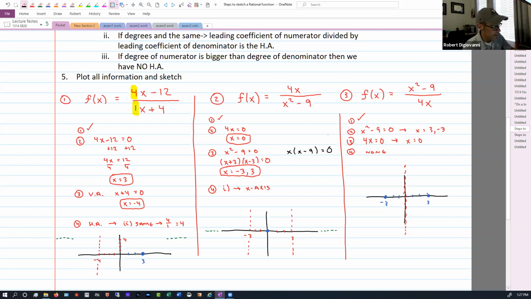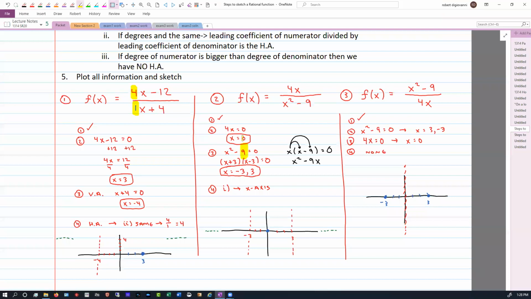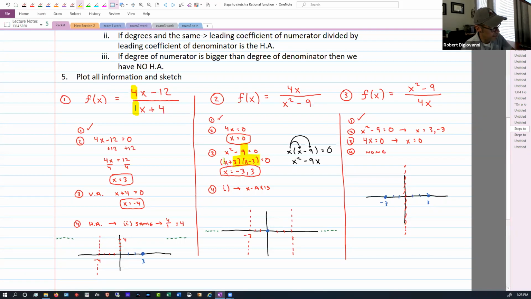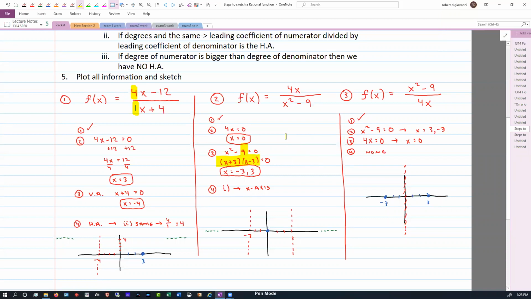If you distribute that through, x times x is x squared, and x times negative 9 is negative 9x. So you factored an x out and there wasn't an x to factor out of the 9. You have to recognize that as a difference of squares, and that's where it factors out like this. Do you see the difference? Yeah, I get it. Okay.